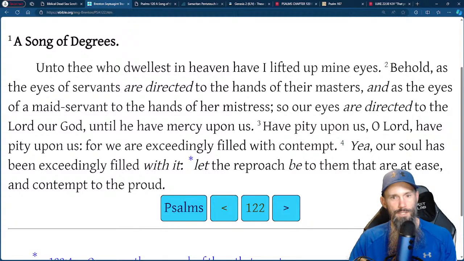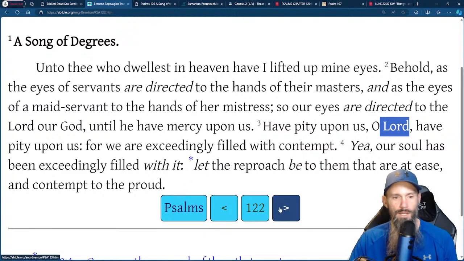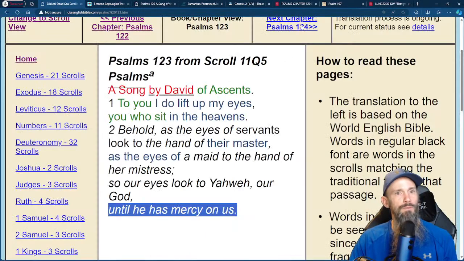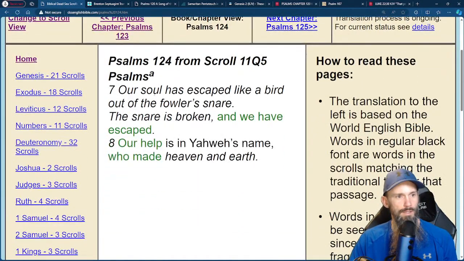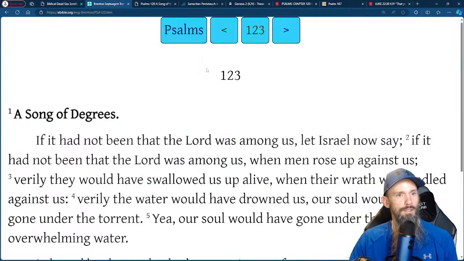So this would be, O Yahuwah, have pity upon us, for we are exceedingly filled with contempt. Yea, our soul has been exceedingly filled with it. Let the reproach be to them that are at ease, and contempt to the proud. So Psalm 124, 123 in the Septuagint, a song of degrees.